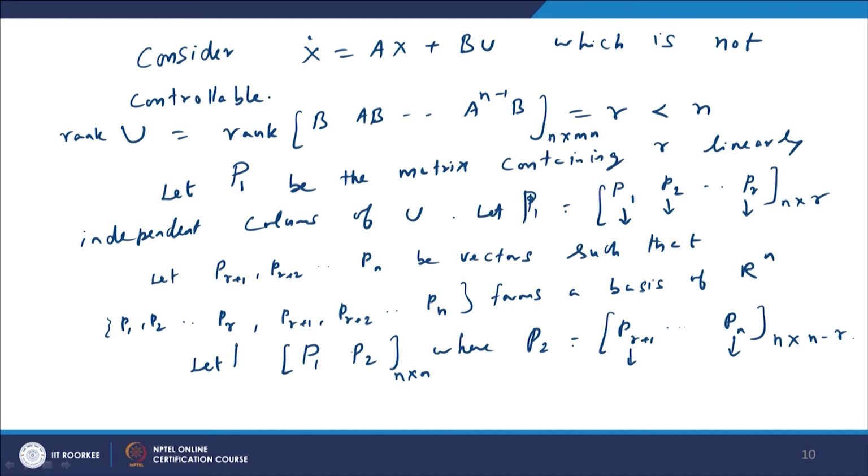P1 and P2 form the matrix capital P. Now consider the equation x dot equal to Ax plus Bu.